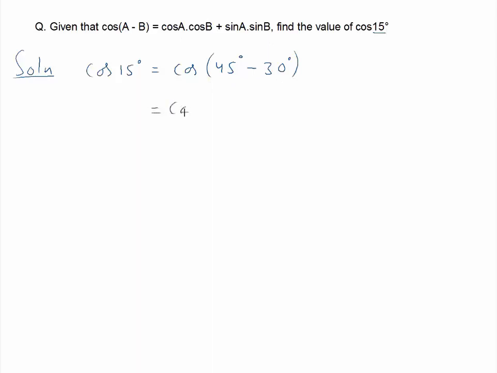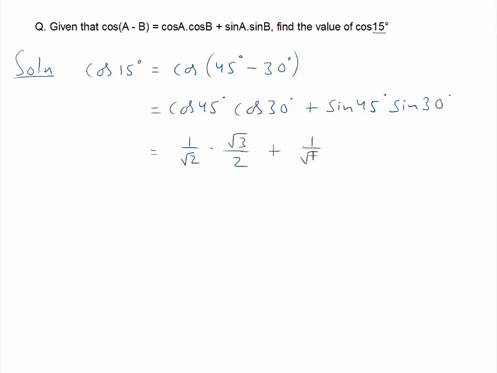So this will be equals to cos A cos B plus sin A sin B. Now by table, cos 45 degree is 1 by root 2. Cos 30 degree is root 3 by 2 plus sin 45 degree is 1 by root 2 and sin 30 degree is 1 by 2. So the answer is root 3 plus 1 divided by 2 root 2. This is the value of cos 15 degrees. Now let's move on.